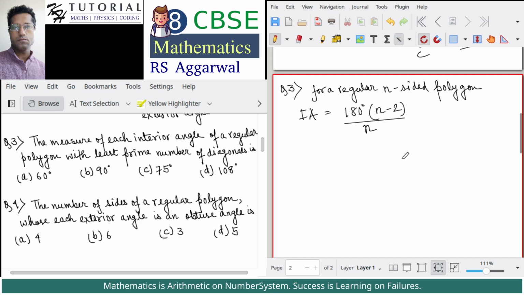We know this formula. Okay, it is asking what is the measure of each interior angle of a regular polygon with least prime number of diagonals.